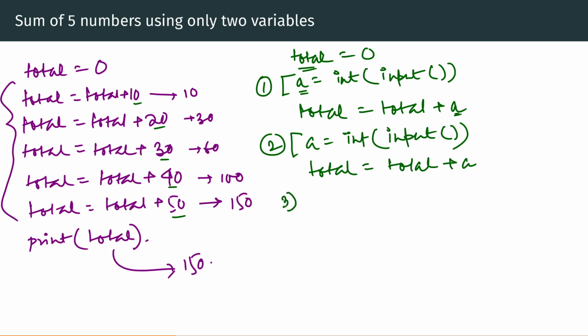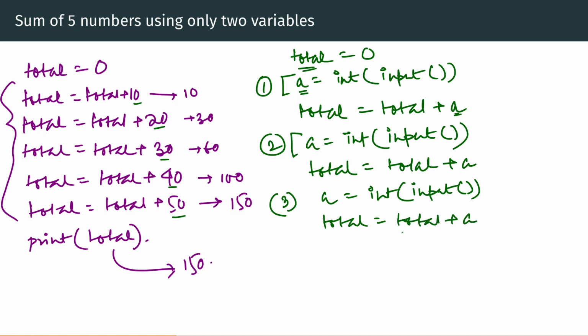Like, let's go on to the third one. So very similar, exactly the same thing actually. So a equals int input, and total equals total plus a. That's our third number right here.